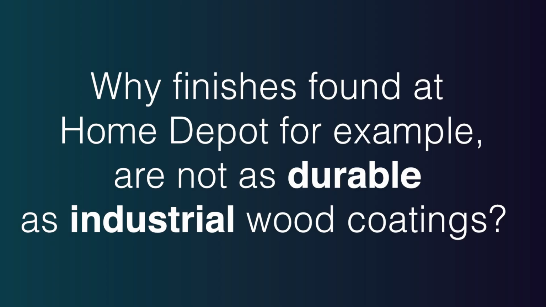Why are finishes found at Home Depot, for example, not as durable as industrial wood coatings? It's the phrasing and marketing approach to the market. Polyurethane, what is it really? It refers to a polyurethane reaction.